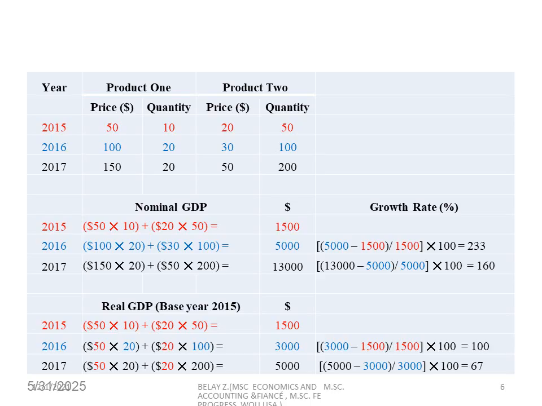For the next, for 2016, we can calculate growth rates because we have nominal GDP that is 5,000 for 2016. Also, we have nominal GDP 2015.